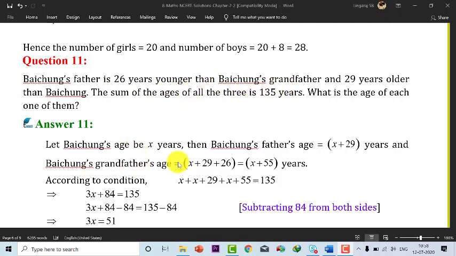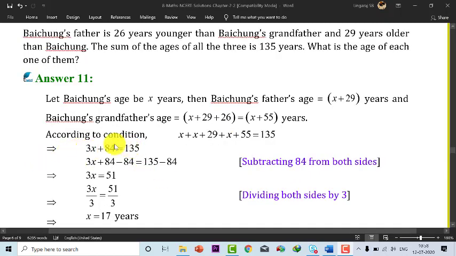So Baichung's grandfather's age is x plus 29 plus 26. 29 plus 26 is 55, so x plus 55 years is Baichung's grandfather's age.